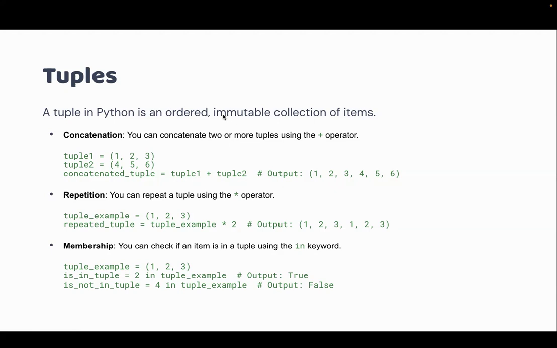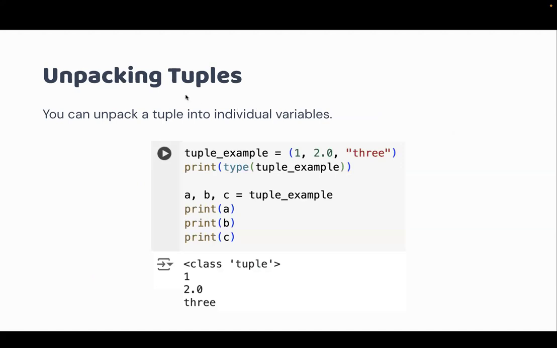And the reason we want to use tuple is that, for me at least, I like to use the unpacking of tuples. There is a useful technique to unpack a tuple into individual variables.